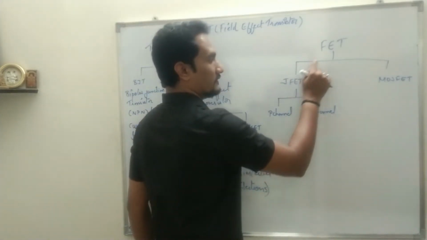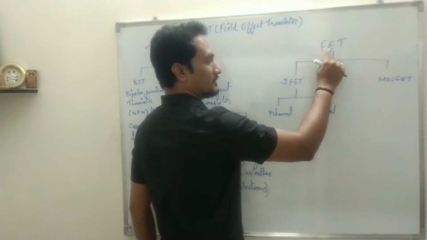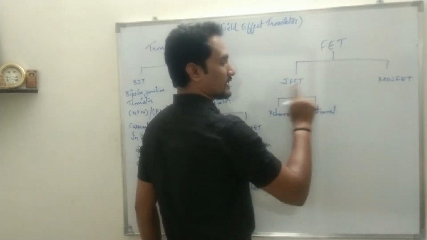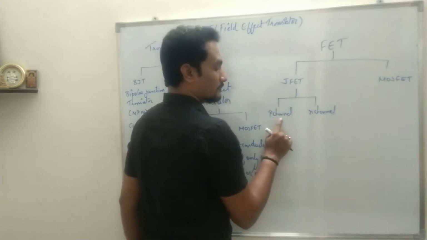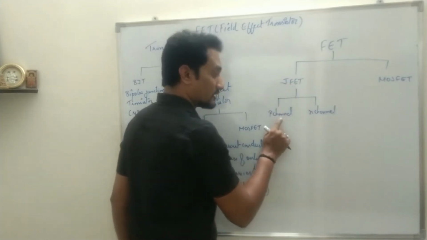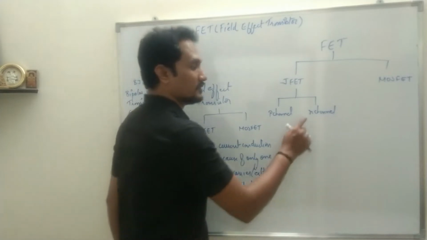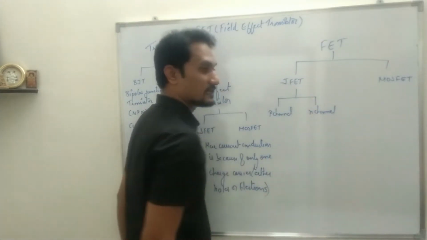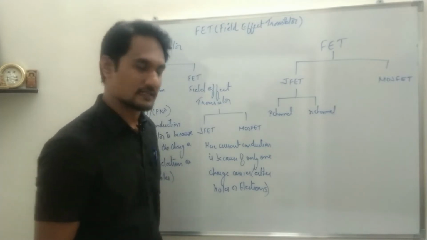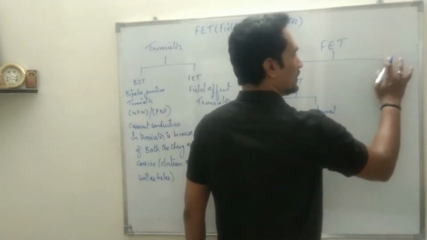So we'll start with different types of FET, JFET and MOSFET. We will try to understand how P channel JFET is formed and how it works. Similarly, we will go for N channel JFET and understand its construction and working. Then we will move to MOSFET.